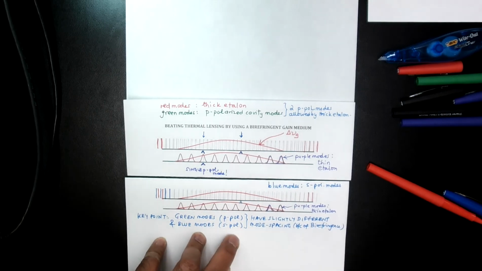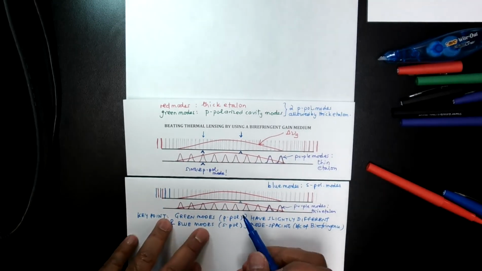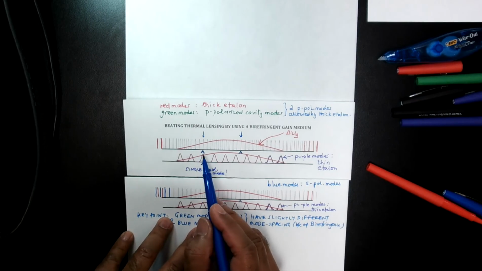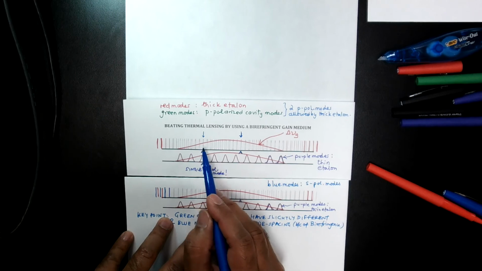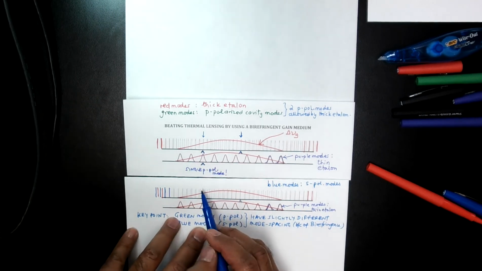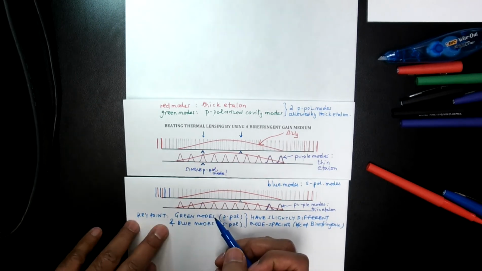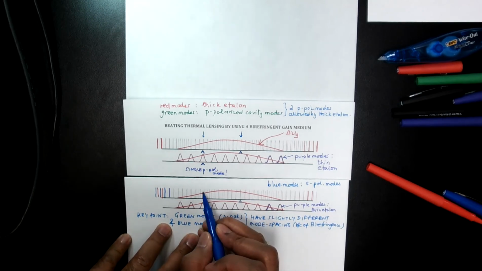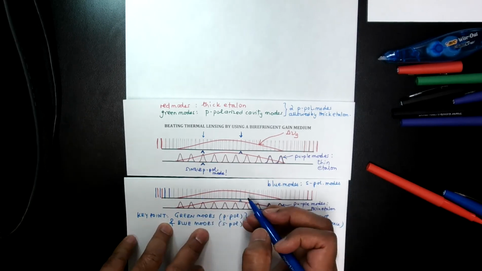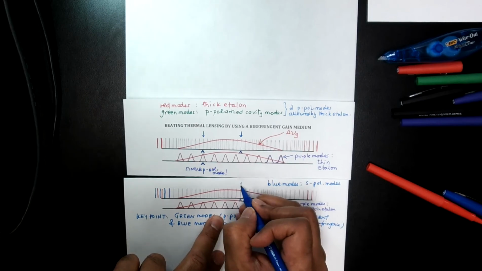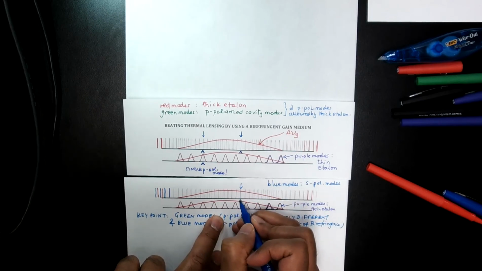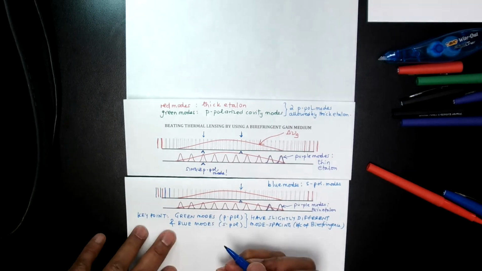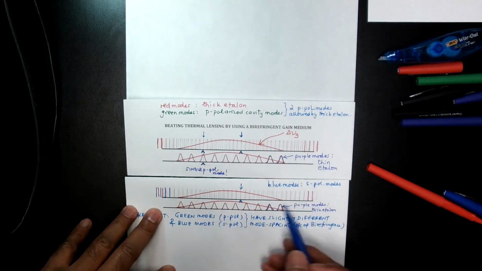And what that means is that you'll notice that for the blue modes, this mode is not in alignment with the thick echelon. So the thick echelon is able to eliminate one of the places where there would have been an S-polarized mode lasing. It gets eliminated, and so there's only one place, only this guy, that is able to lase in the cavity.